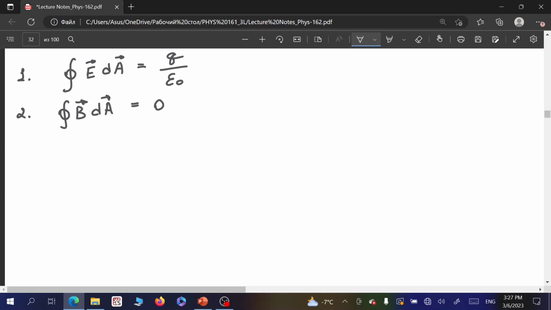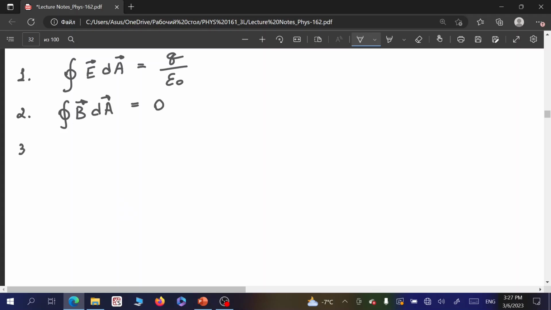Electric field lines originate at positive charges, so then the flux will be positive. But if we have negative charges, the lines terminate on them, so it will be with a negative sign. Here, for Gauss' law applicable to the magnetic field, we just get zero. So that is the second equation.